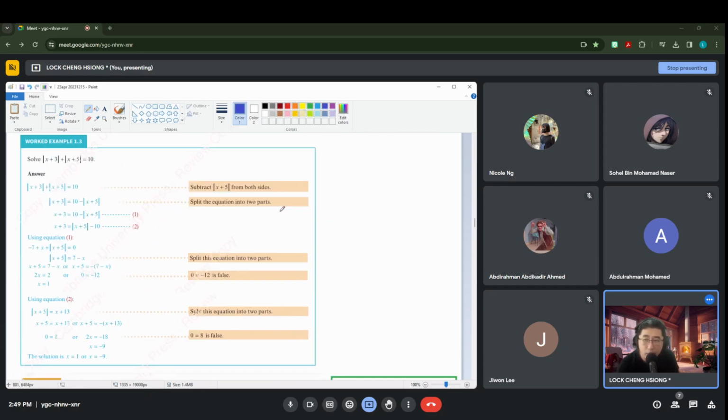Next example. I have modulus of x plus 3 plus modulus of x plus 5 equals 10. For this type of question, squaring both sides is useless.